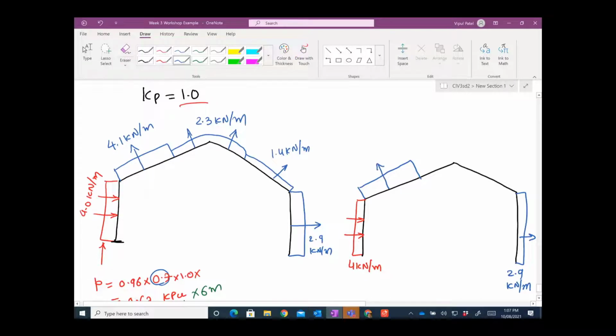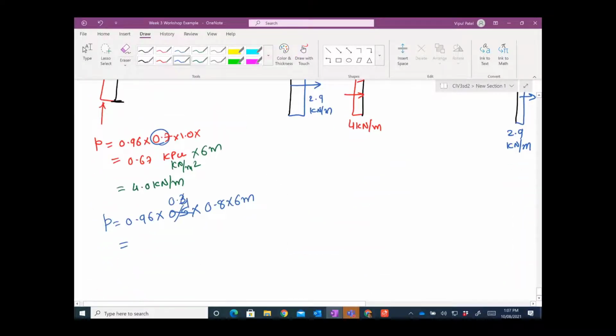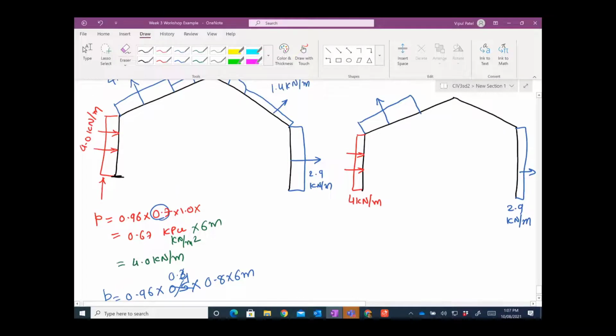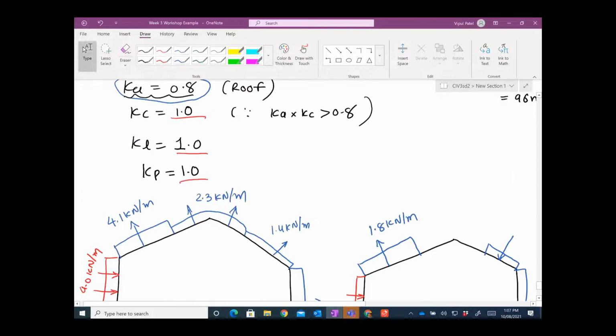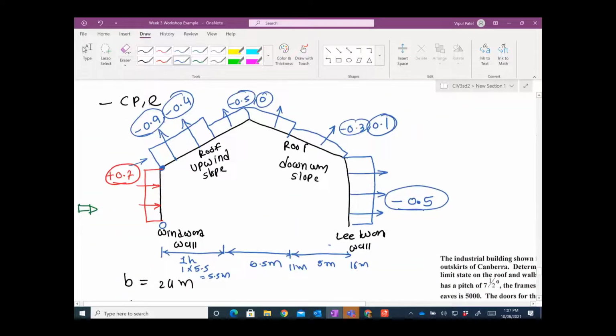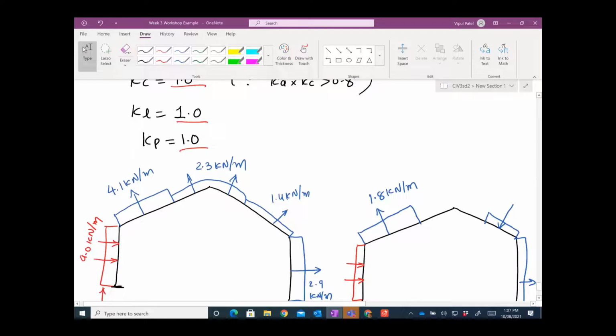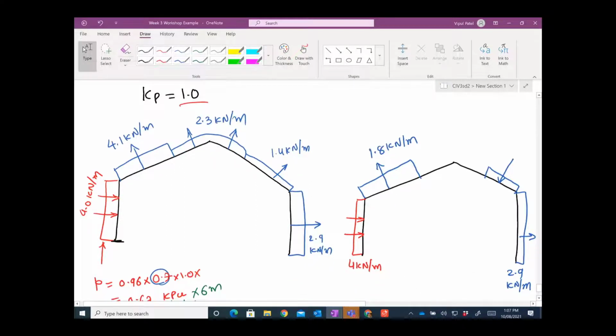So if you substitute just 0.4 here, you will get 1.8. And this is 0 in here, and then you have this last bit here, but this arrow going down, right, because it's positive. Because you can see this 0.1 is positive. So you just substitute 0.1 there, you will get 0.5 kilonewton per meter. So you have two cases for this roof and for this roof, right?